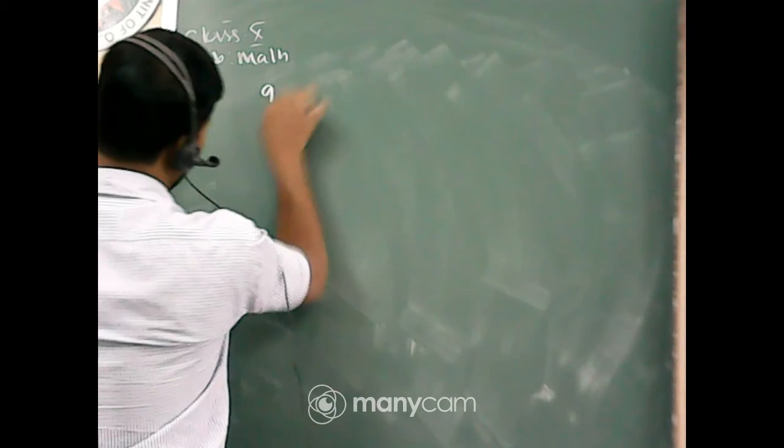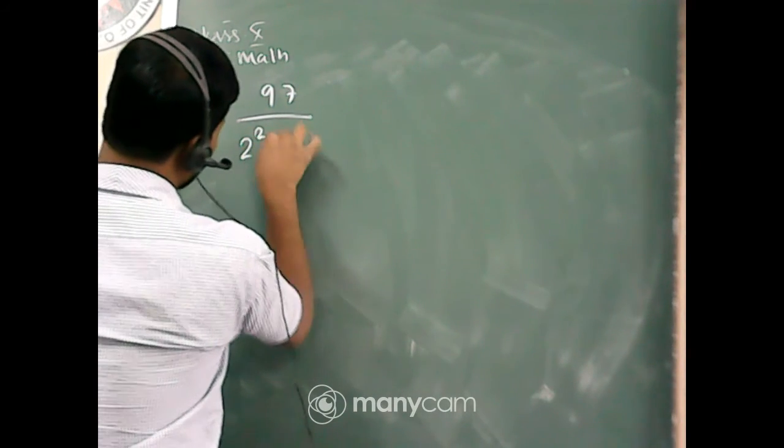Suppose one number is given here: 97 into 2 square into 5 to the power 4.